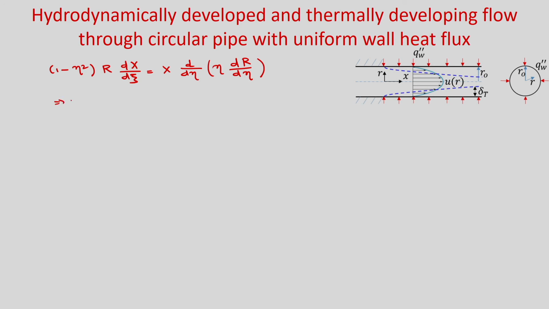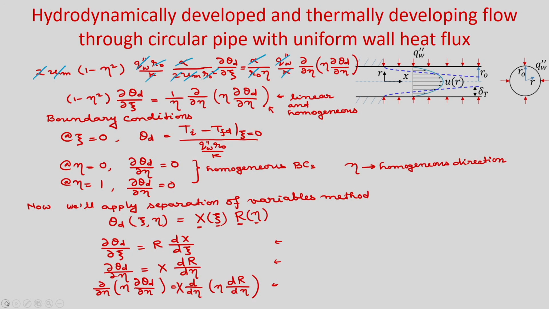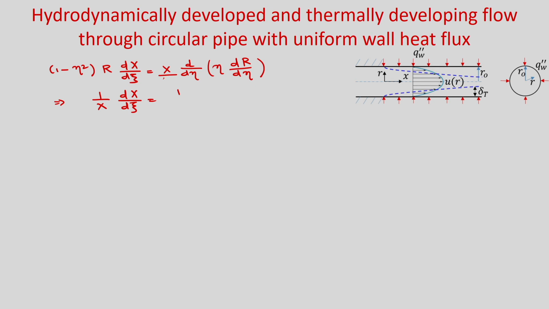Then you can write it as 1 by x dx by d zeta is equal to, so one governing equation has 1 by eta, so it will be divided by eta. So, you will get 1 by r into 1 minus eta square into eta, okay, d of d eta into dr by d eta. Okay.